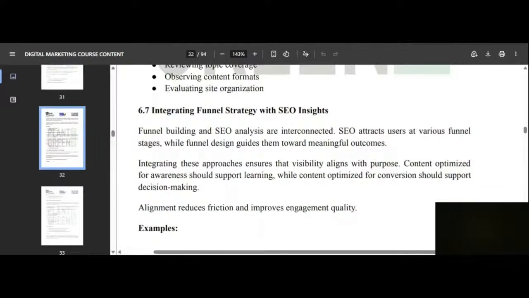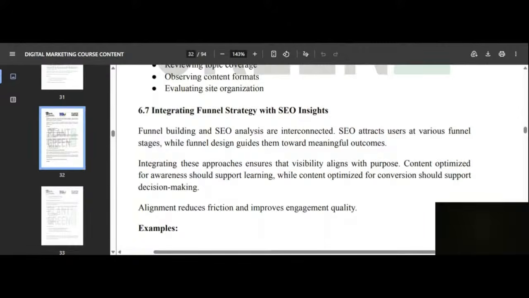Now let us see the next type of analysis, which is called content analysis. What are we going to study from our competition by doing content analysis?